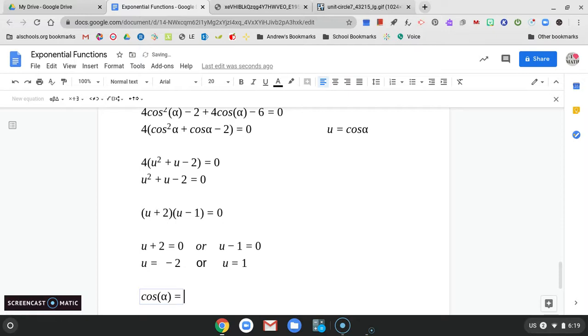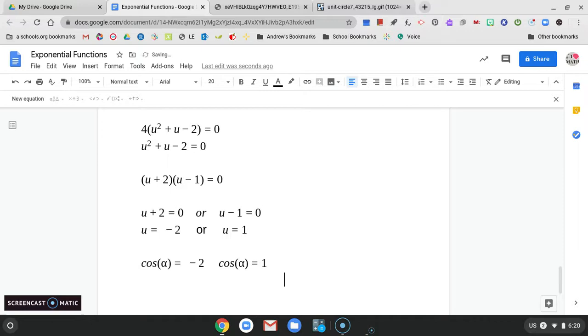The parentheses are just a notation that can be dropped or kept, so don't worry too much about them. Either the cosine of alpha equals negative 2 or the cosine of alpha equals 1. Those are the only two options.